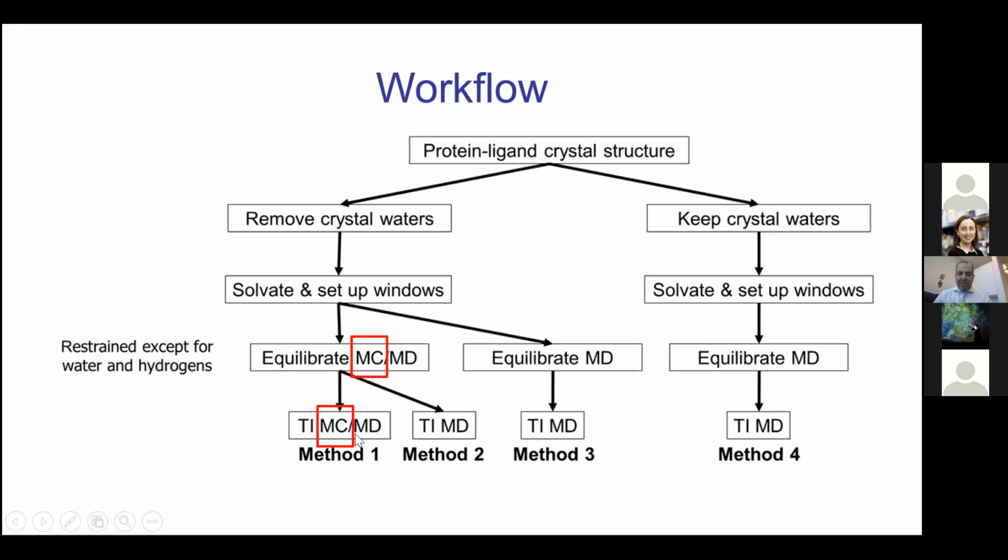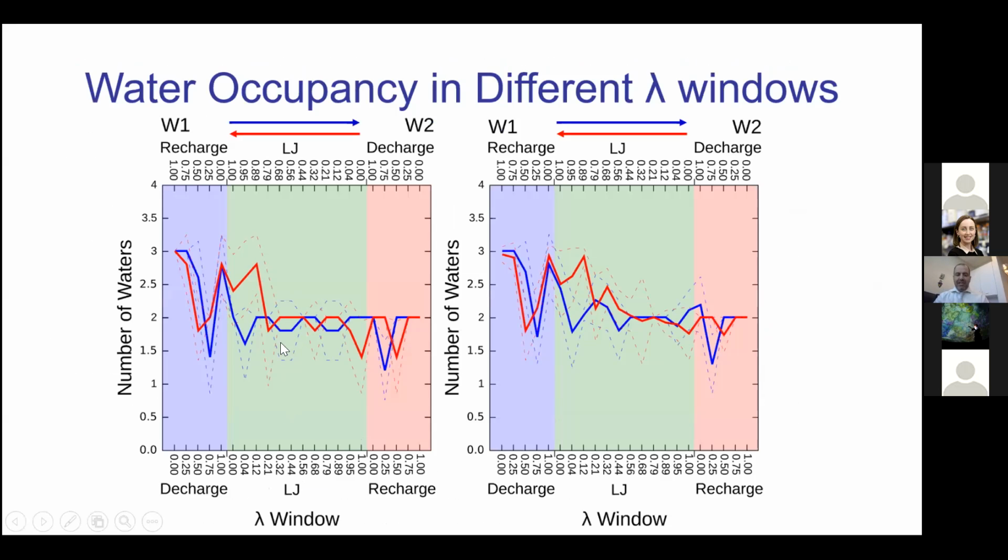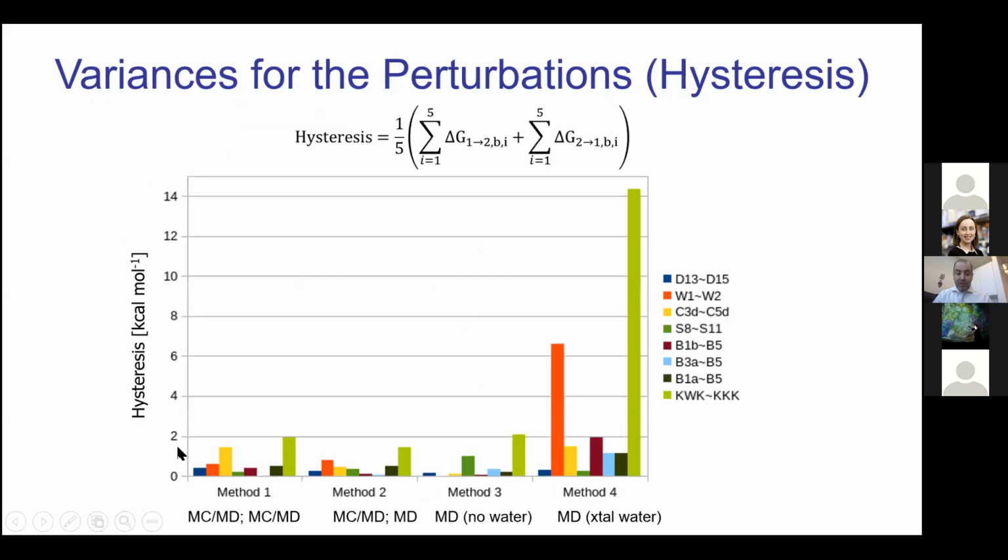To be very honest, I did not see huge advantages for method 1 over method 2. I think, again, if we start with the correct water placement, then we will be doing good. The results of method 1 were better than method 2, but I would say within error range. So if we are doing the equilibration step, it's probably sufficient.